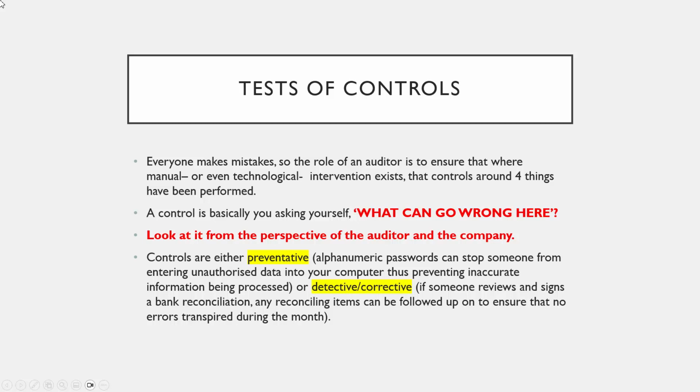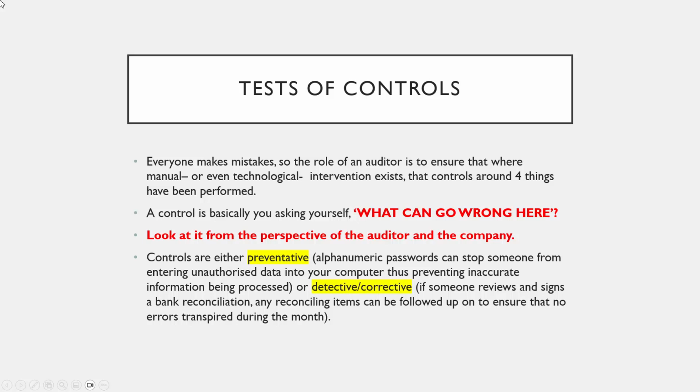So why do we do tests of controls? Organizations acknowledge that everyone makes mistakes. And the role of the auditor is to make sure that these mistakes that the company says they are correcting are actually being corrected. And controls speak to 4 things that I will mention in the next slide.